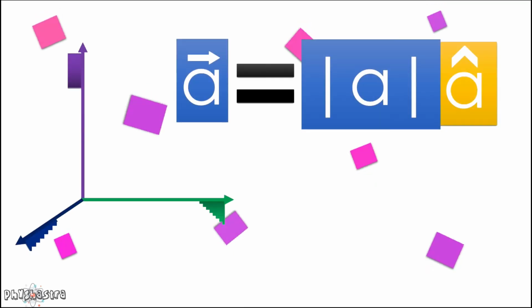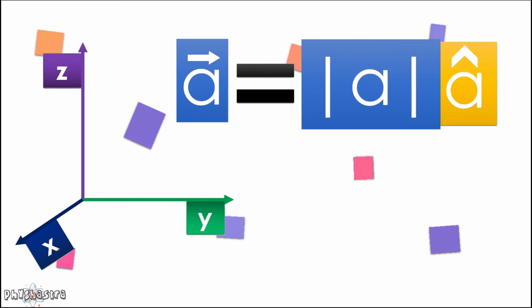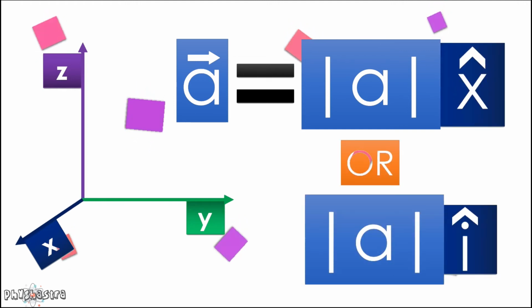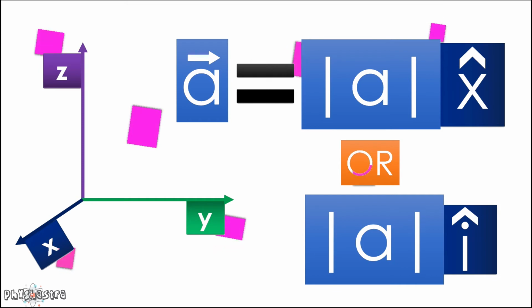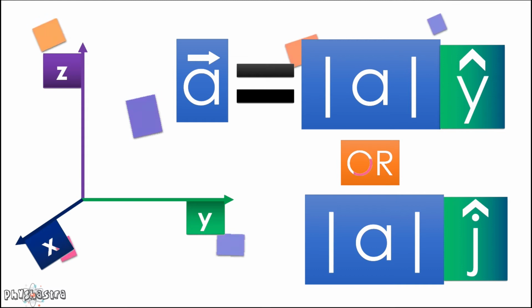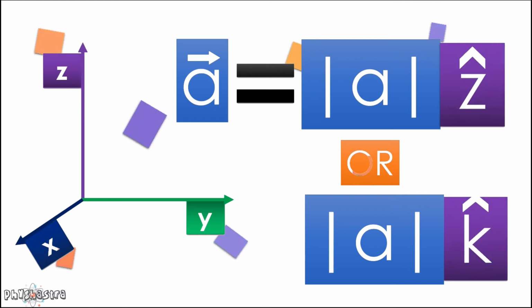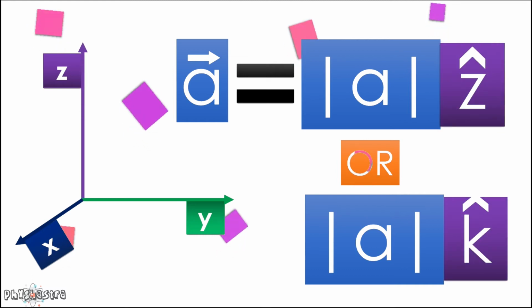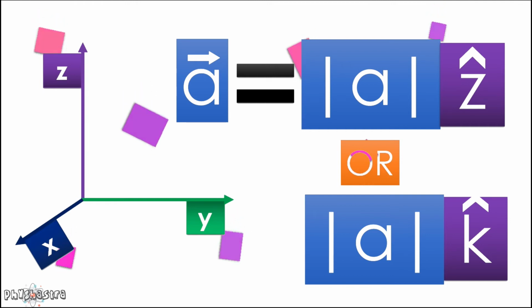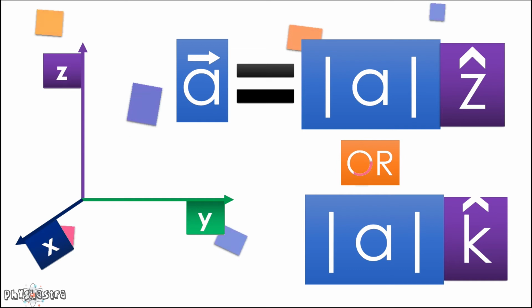Now that letter is directed to any one of the x, y and z directions. So if the body is moving in the x direction, then it is represented as x cap or i cap. For the y direction, y cap or j cap. And for the z direction, z cap or k cap. This just shows in which direction the body is moving, and the magnitude will tell us how much it will be moving.